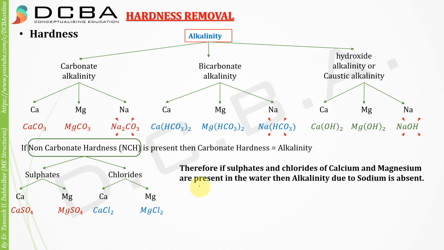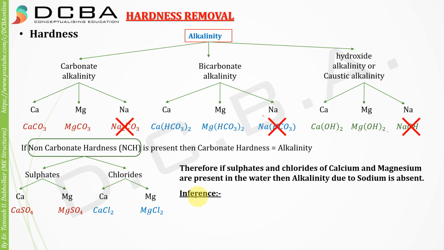So if sulfates and chlorides of calcium and magnesium are present, then sodium alkalinity due to sodium is absent. All of them would react with sulfates and chlorides, and they won't let non-carbonate hardness be present in the water.